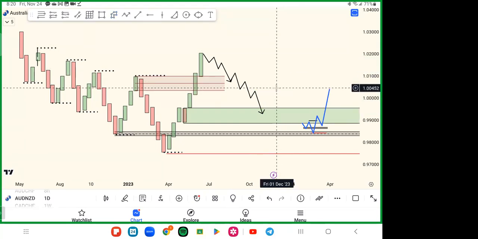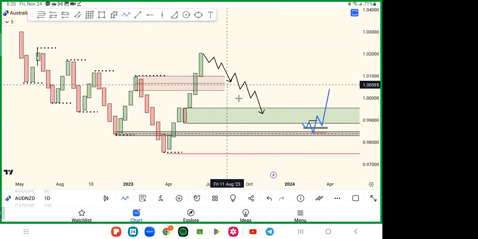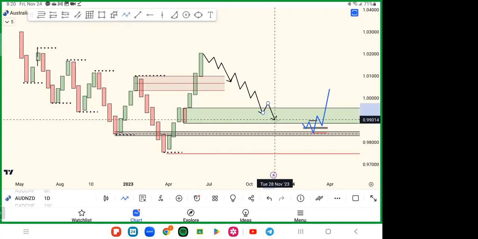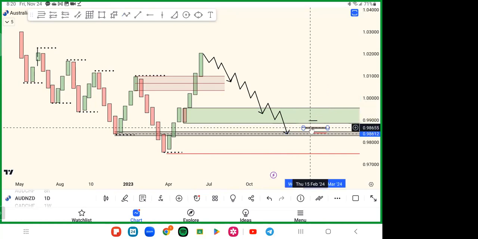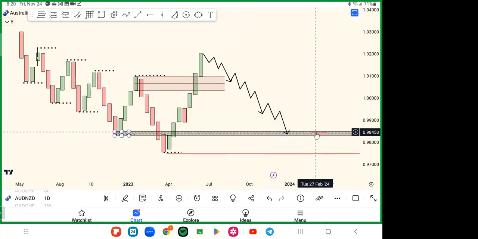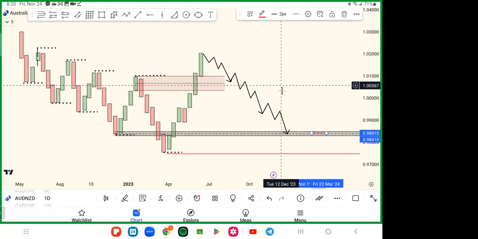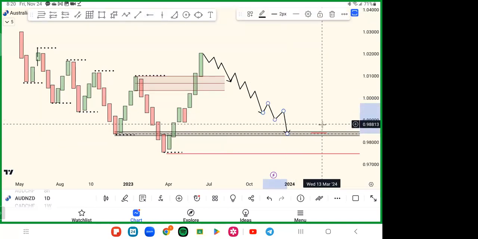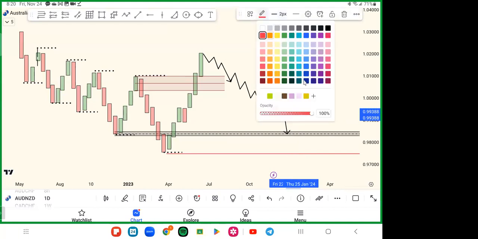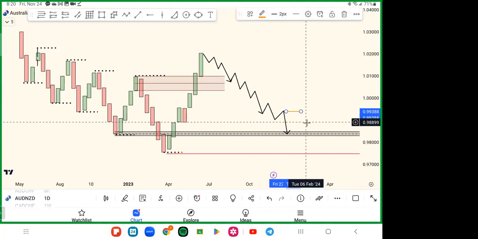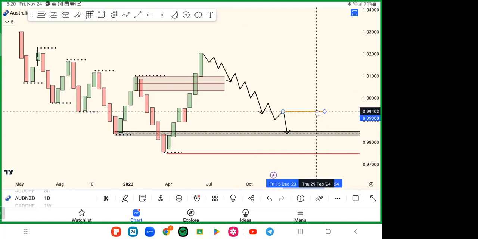Same thing goes for this zone. As soon as we get a touch in that, we need this confirmation. Oops. I mean, we could delete that. We need the confirmation. Boom.